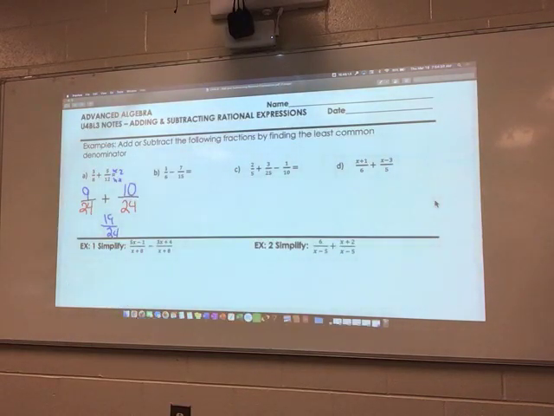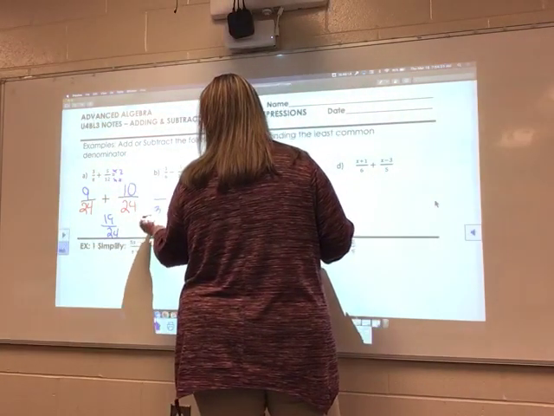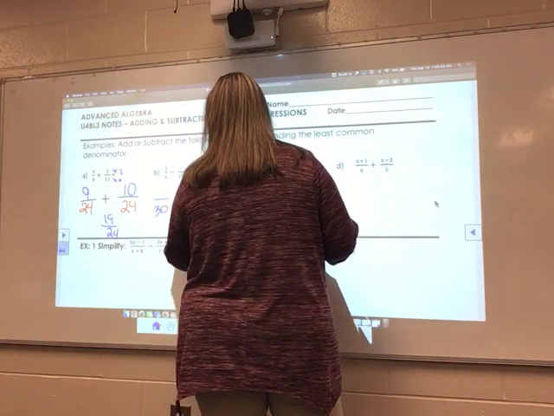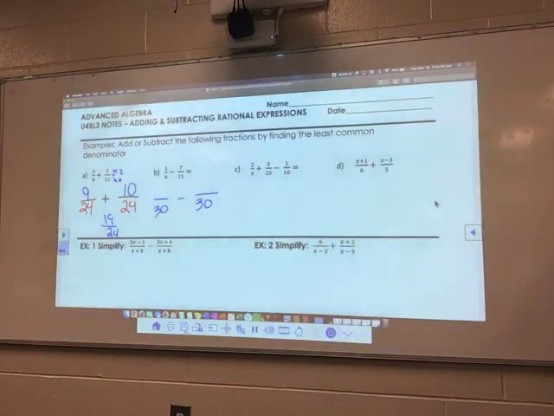What do you think about 15? 30, okay. Looks like we're subtracting on this one. Remember, your denominator is going to tell you what to do for the new denominator, right?